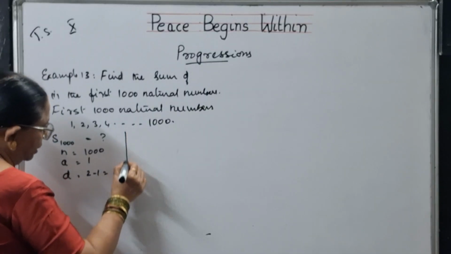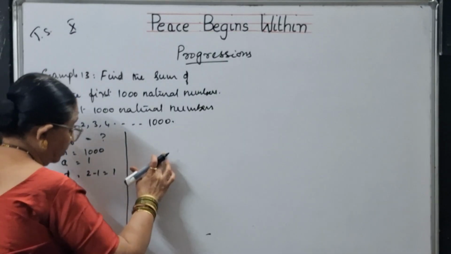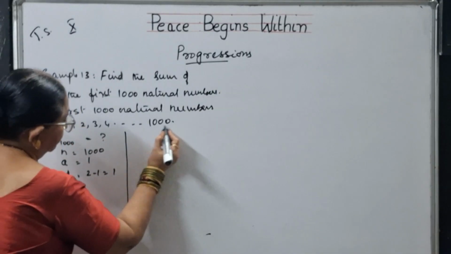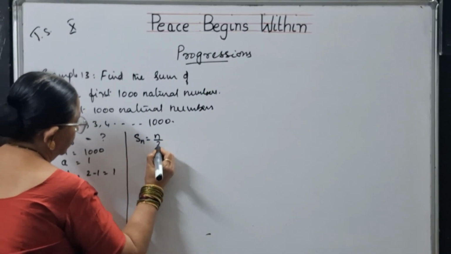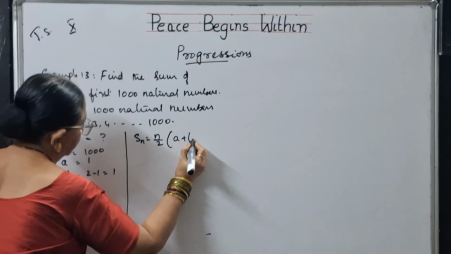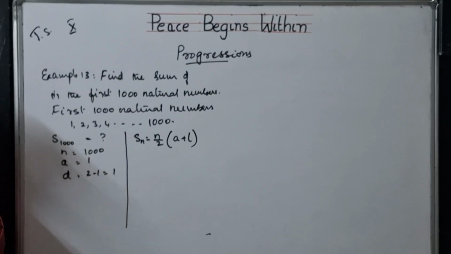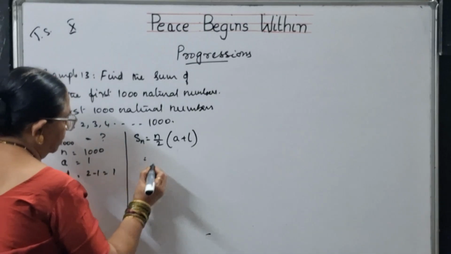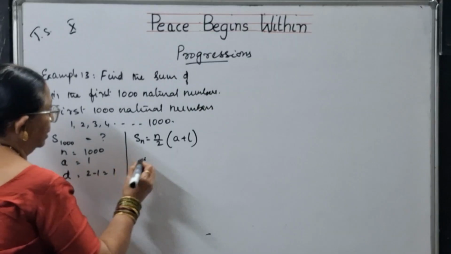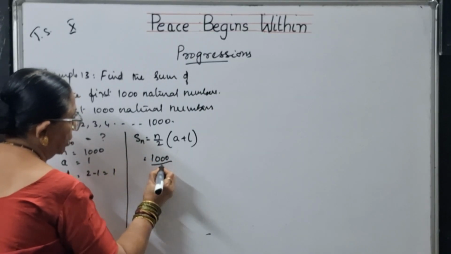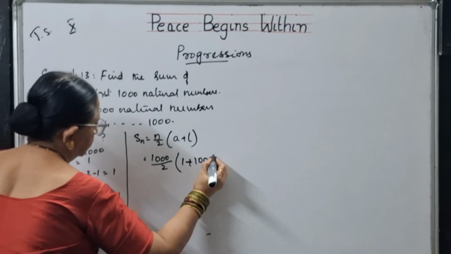Now, in the earlier case, when I was dealing with the property and the derivation of the formula, if the last term is given, sum to n terms can be written as n by 2 into a plus l. This formula I told you. So since they have given last term 1000, I am using this. This is equal to n by 2, n is 1000 by 2 into a is 1 plus last term is 1000.